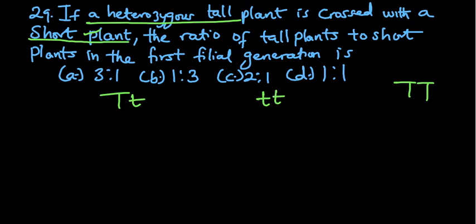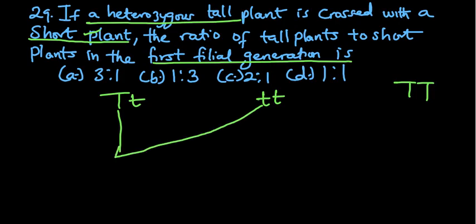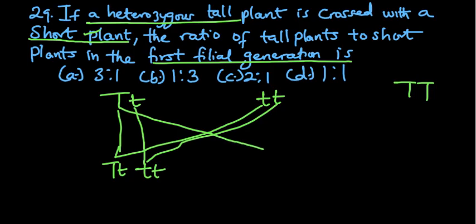Now let's cross it. They want us to find the ratio of tall plant to short plant in the first filial generation, which means the first generation we get from this cross. So let's do it. The first offspring is Tt. The second offspring is small t, small t. Let's cross again. This one also is Tt, and this one is small t, small t.